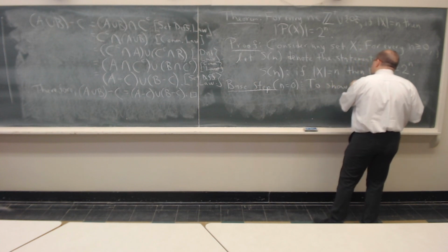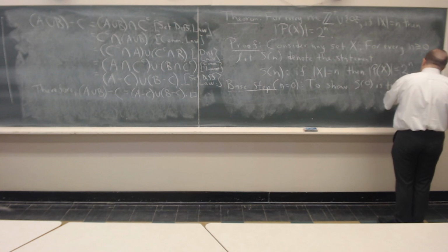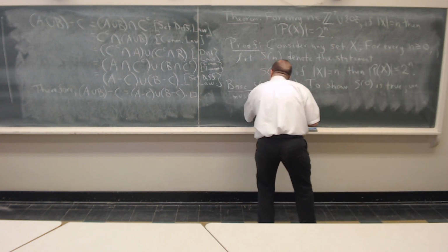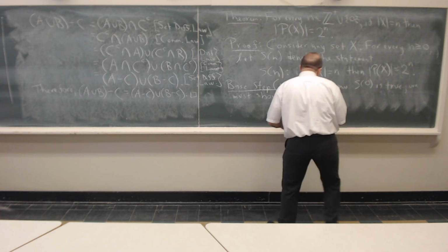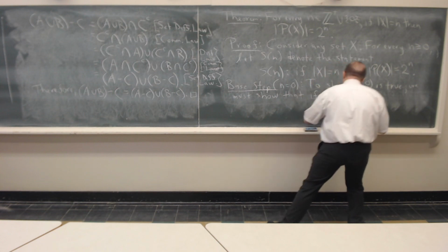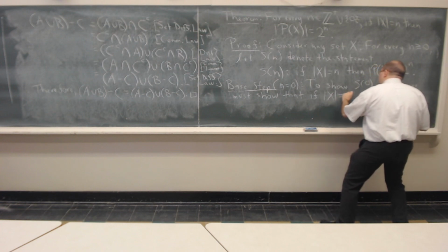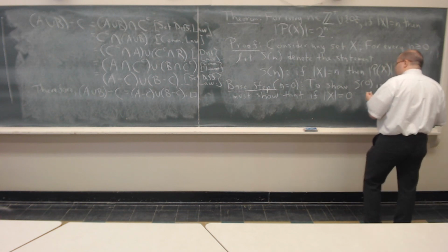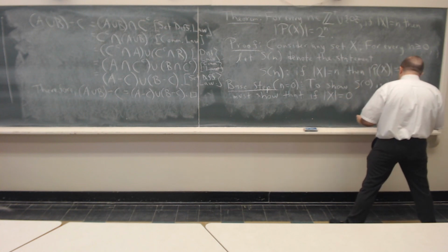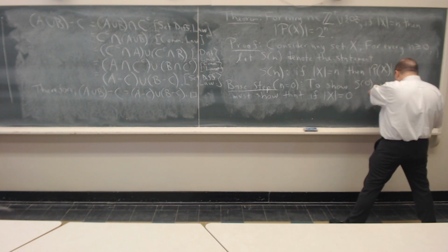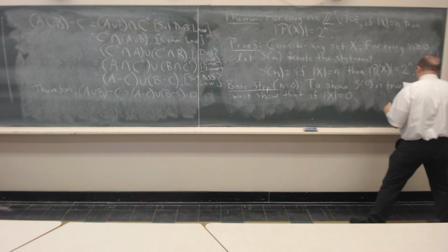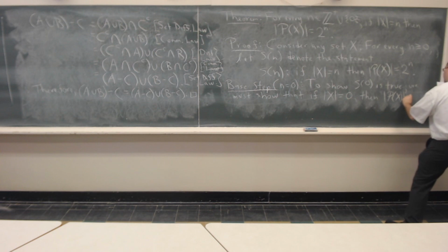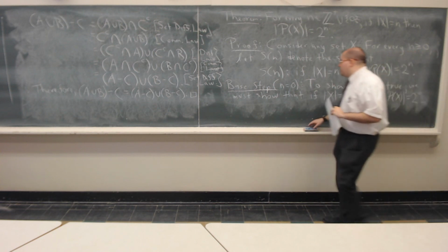To show S of 0 is true, we must show that if the cardinality of X is equal to 0, then the cardinality of the power set of X is equal to 2 to the power of 0. Just as a reminder, cardinality is just the number of elements in the set. We defined this much earlier on in the course. That's what I ultimately need to show for S of 0.